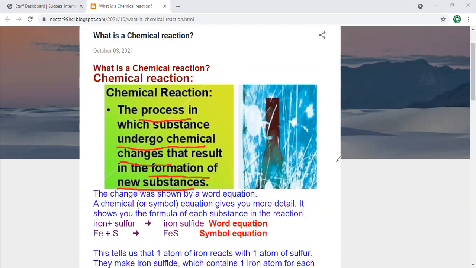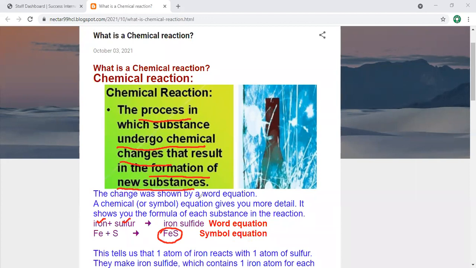Understand, my dear? When chemicals undergo a chemical change, a new substance is formed. Like here, iron and sulfur, when they combine, you get a new substance or product, that is iron sulfide.